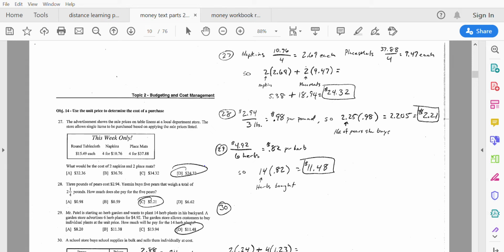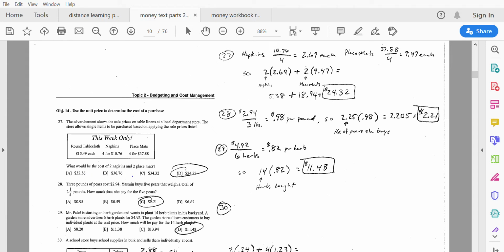Okay. Number 28. It says 3 pounds of pears cost $2.94. Yasmin buys 5 pears that weigh a total of 2 1/4 pounds. How much does she pay for the 5 pears? There's some numbers in here that you really don't need to know. The price is based on pounds. So this is the first bit of information: 3 pounds is $2.94.